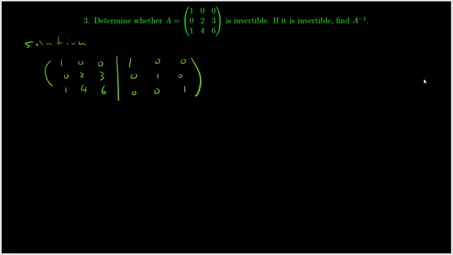I want you to put the matrix into row reduced echelon form. Make the leading one of row 1. This one is already 1. You do not have to make the leading one of row 1. And then in the next step, we use this one to make all the numbers below the leading ones zeros.